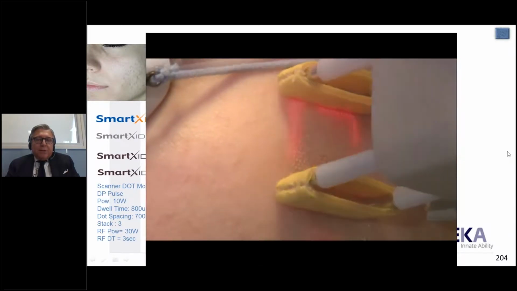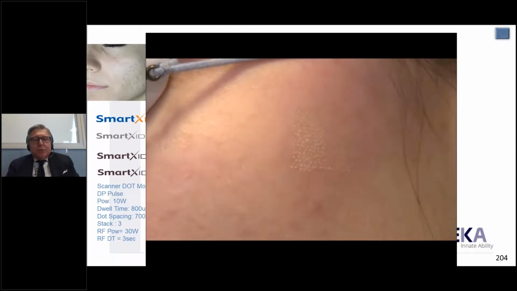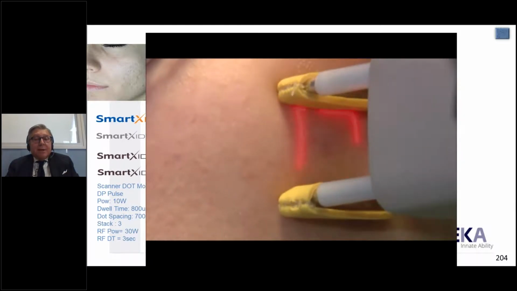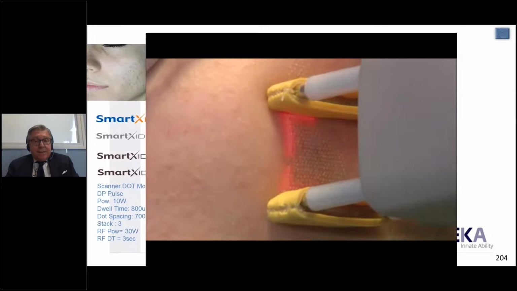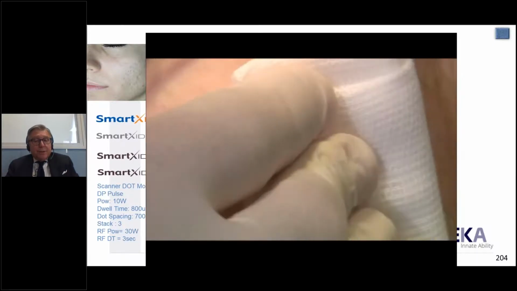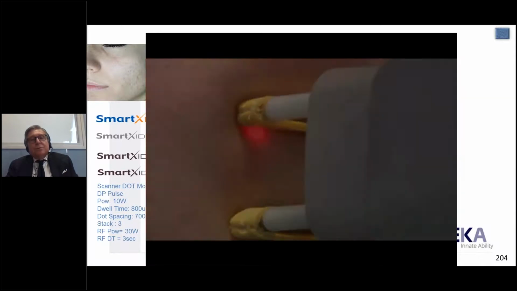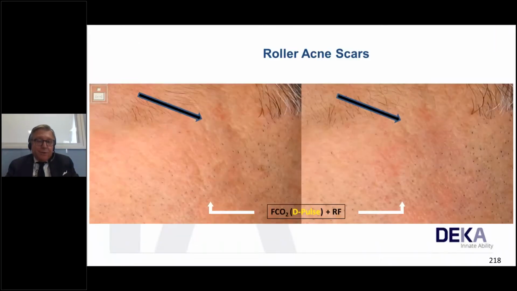What is important is to treat the patient with a laser in the cold situation, not when there is acne in the inflammation phase. Only in the post-acne scar we can use the treatment. Otherwise, we risk to have a flare-up, so the recurrence of the acne in the inflammation phase.